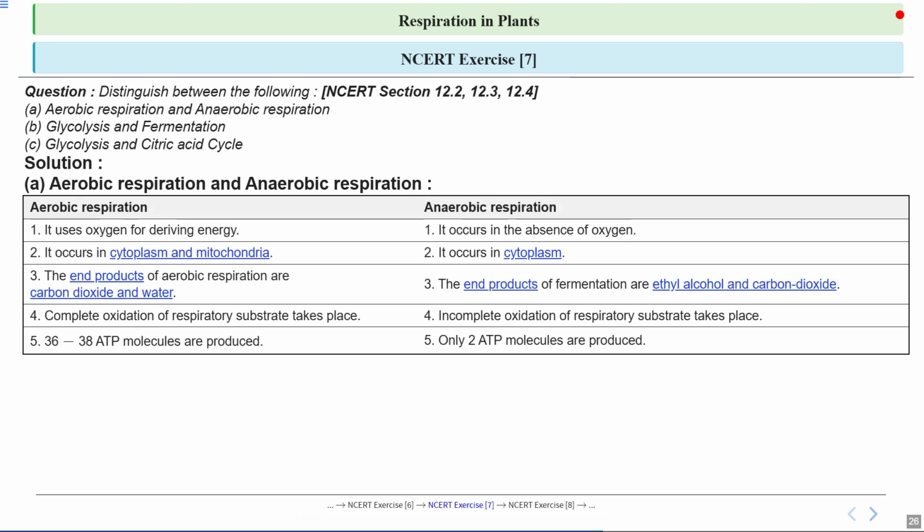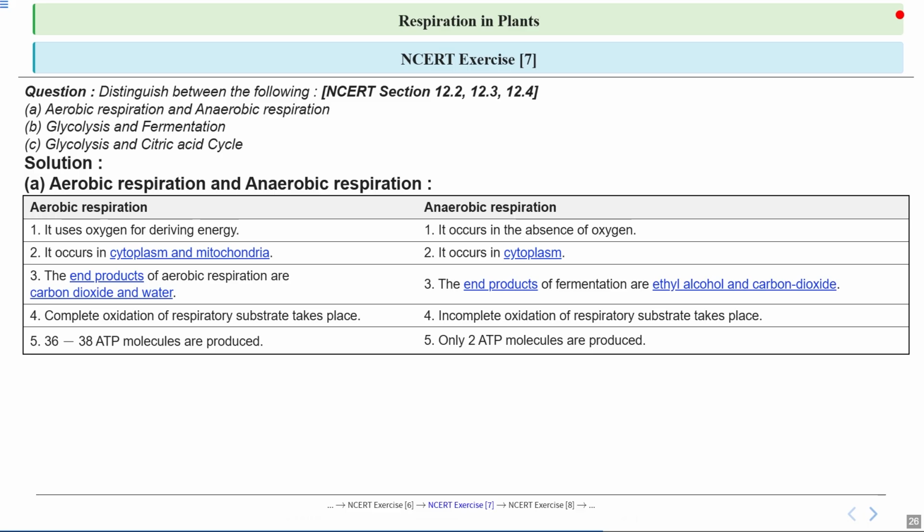Aerobic respiration, as the name suggests, requires oxygen. Anaerobic respiration occurs in the absence of oxygen. Aerobic respiration occurs in cytoplasm and mitochondria. We know there is one process, glycolysis, which is common to both aerobic and anaerobic respiration, that takes place in the cytoplasm.